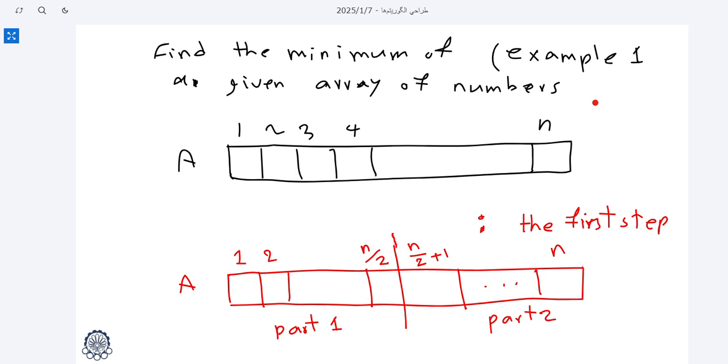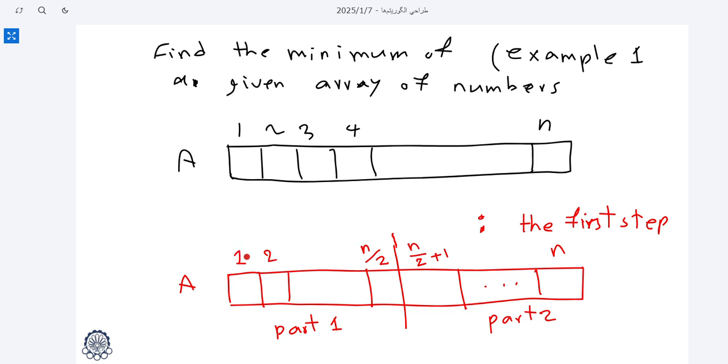One choice here is dividing the problem into 2 equal size subproblems. So we divide the array from the middle, and this divides the array into 2 sub-arrays of equal size. The size of each part is n divided by 2.